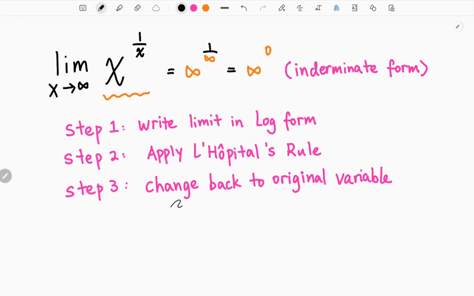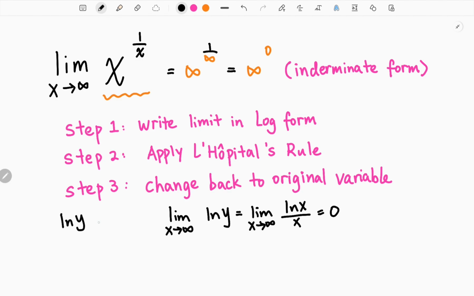So previously we got the limit as x approaches infinity of ln y is equal to the limit of ln x over x, and that gives us the answer of 0. So if we know the natural log of y approaches 0, that means our y must be approaching e to the 0's power.